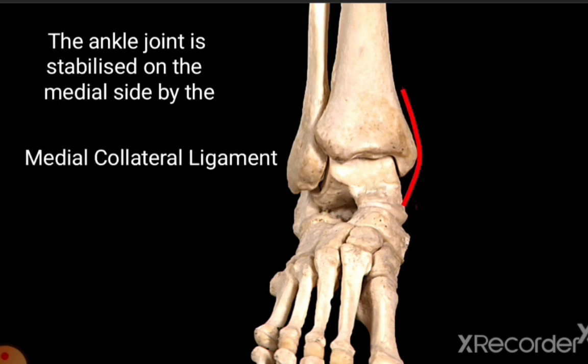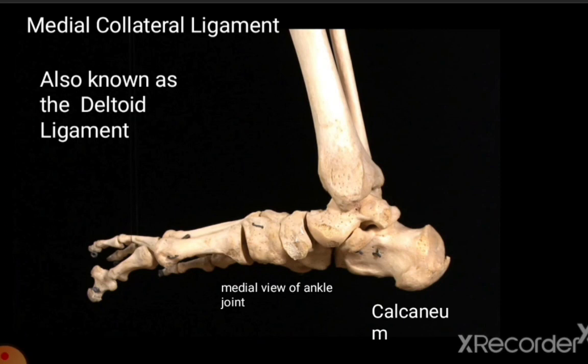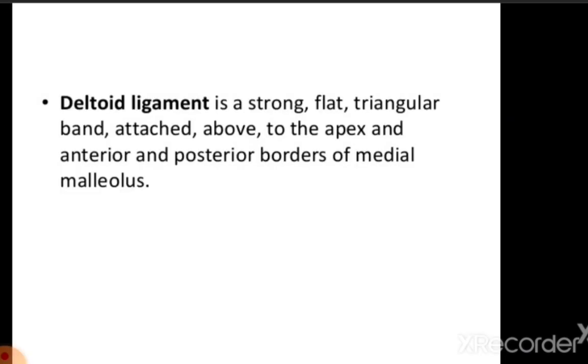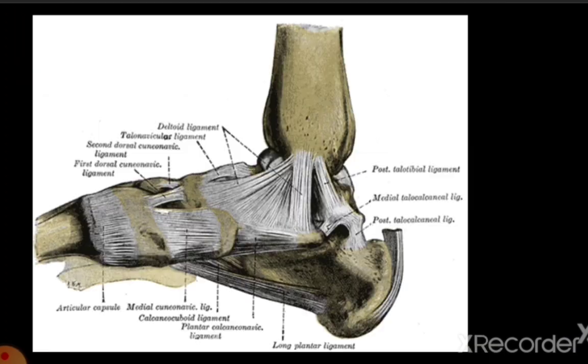Now the another ligament for the ankle joint is the medial collateral ligament on the medial aspect. This medial collateral ligament is also known as deltoid ligament. Deltoid ligament is strong, flat, triangular band which is attached above to the apex and anterior and posterior borders of medial malleolus.